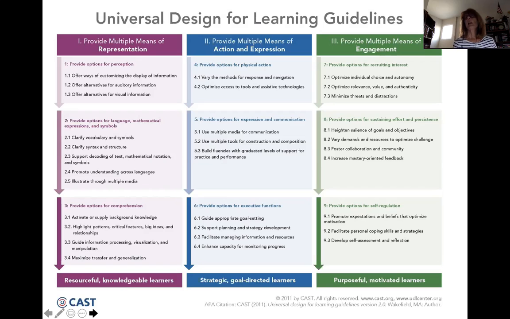organize tools for students to be able to use the physical action of actually being able to write or use manipulatives, things like that, right? We also want to note that we want to have our learners, and if you go down to the very bottom of that middle column, you want to have strategic and goal-directed learning.